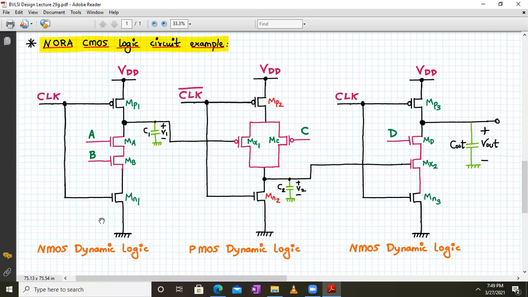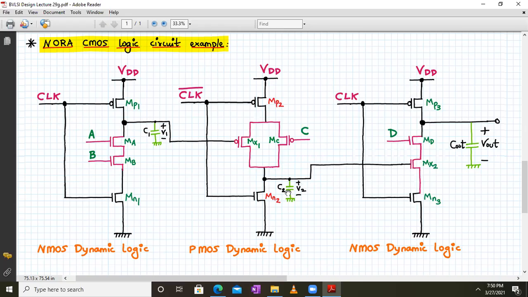For the first stage, we have an NMOS dynamic logic with a NAND gate implementation. We have two transistors in the NMOS logic, A and B, with the inputs A and B named MA and MB. The output of the first stage is connected to the input over here. We have two PMOS transistors connected in parallel, MX1 and MC, and the output is taken from the bottom.